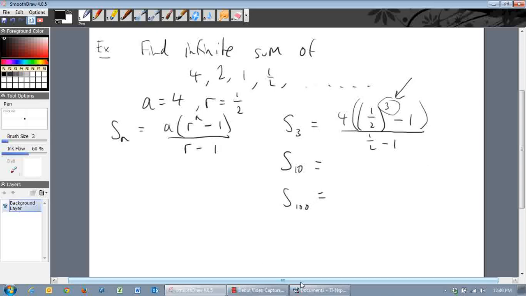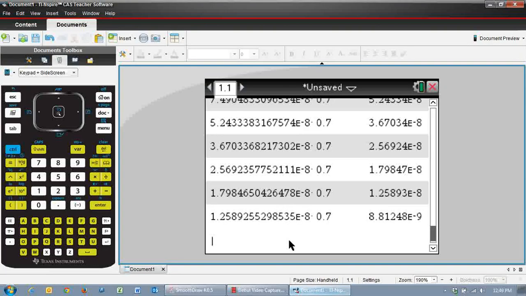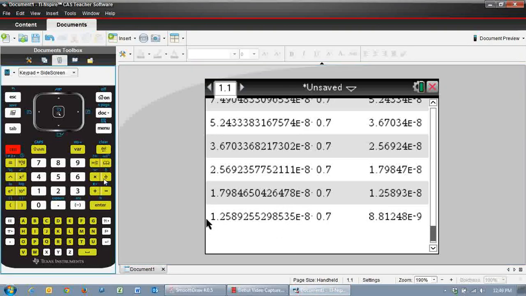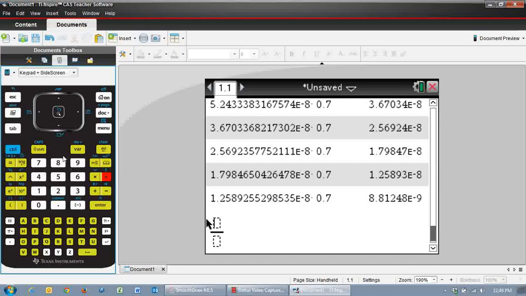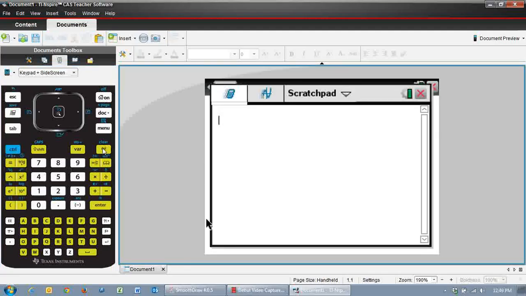I just have to remember it, because it's 4 times half to the power 3. Put the fraction first. What was it? It was 4 times, brackets. The ratio was a half, so I'll put it in as a decimal. It's a bit easier to see. So now I've messed that up.